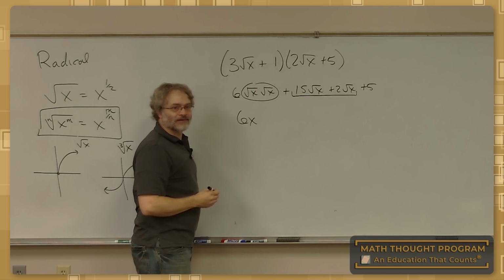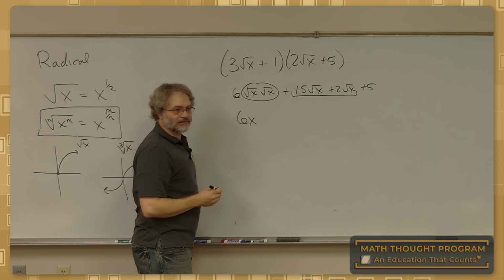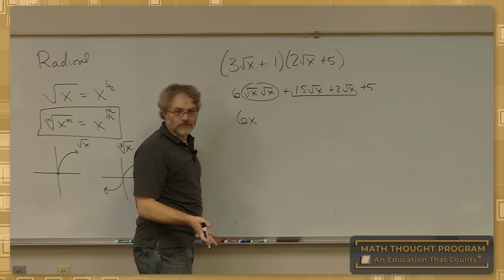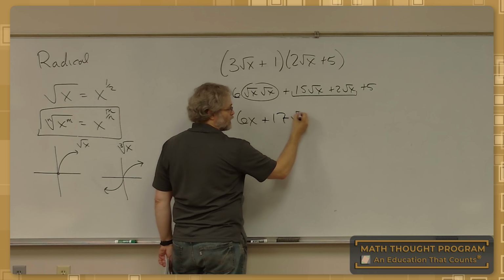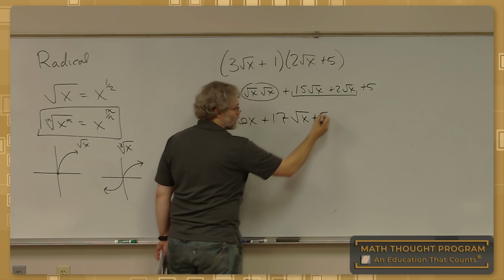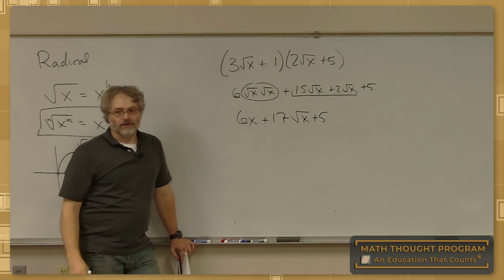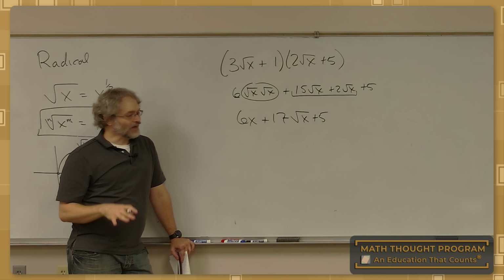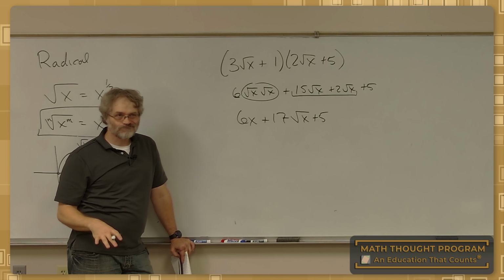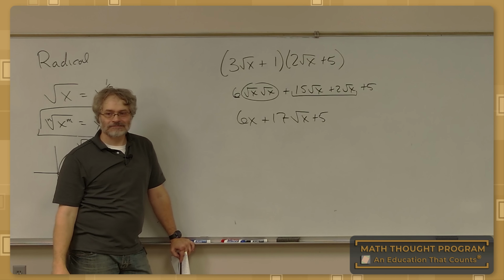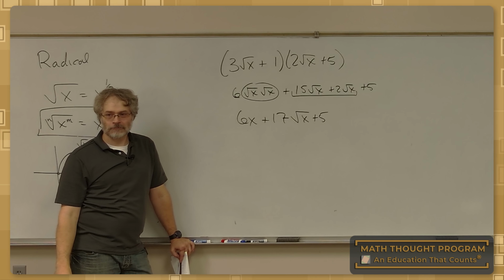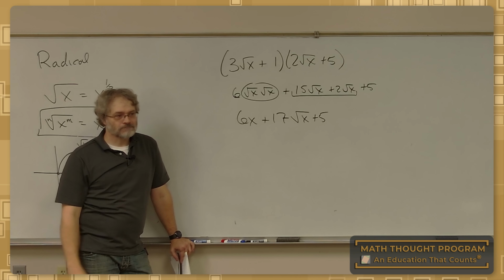And what happens there? You got your like terms. So we're going to have 17 root x plus 5. Here's the next question. Is there anything that I can do to reduce it down further? Not really.